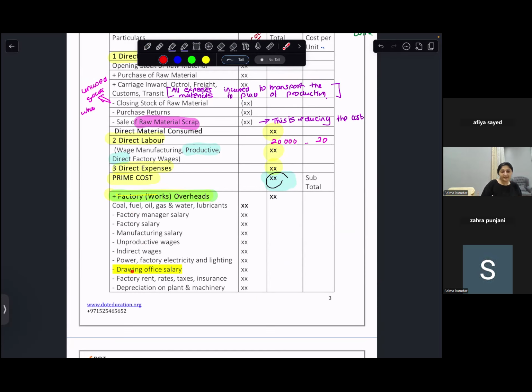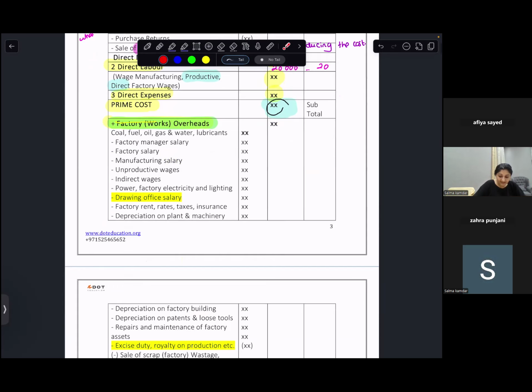Because it is drawing, and the drawing is normally made for the goods that you're producing. So when there is an office and salary, people confuse this for office and administration overheads. But this is not office and administration overheads. This is factory overheads. That is why I have highlighted it for you all.